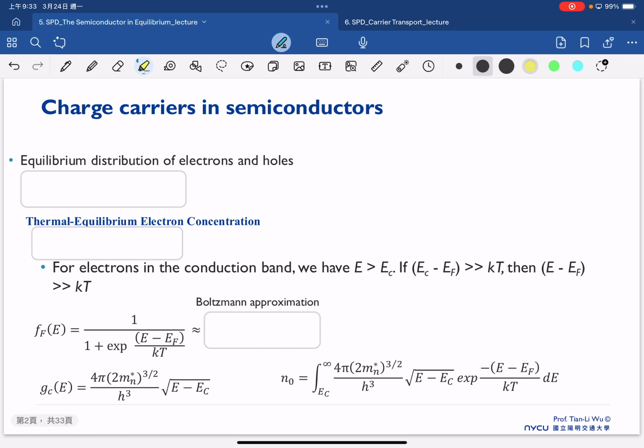So the first thing is that we are very curious about the charge carriers in a semiconductor. And as we already described last week, there's a very important statistic, which is what we call the Fermi-Dirac distribution.